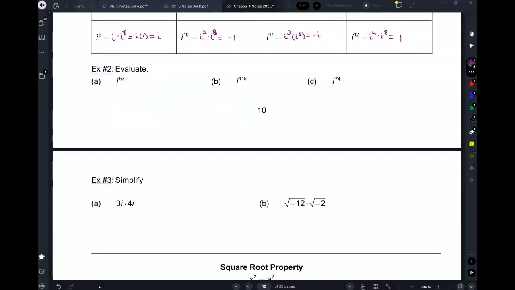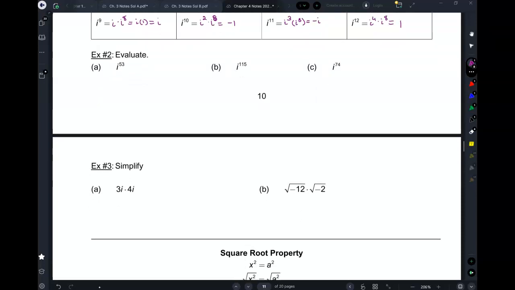Okay, so let's take a look at this one. We're going to do i to the 53. Here's what you do. Take 53 and divide it by 4. 4 goes into 5 once. You get 13. 4 goes into 13 3 times.